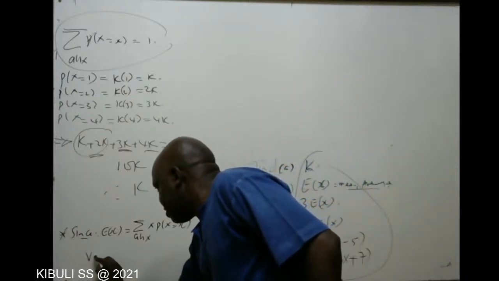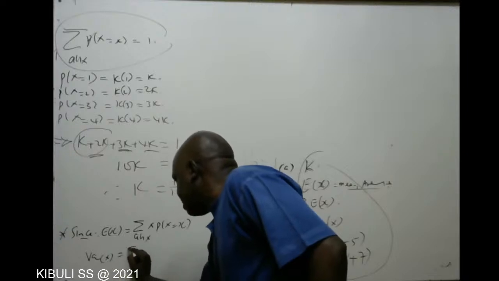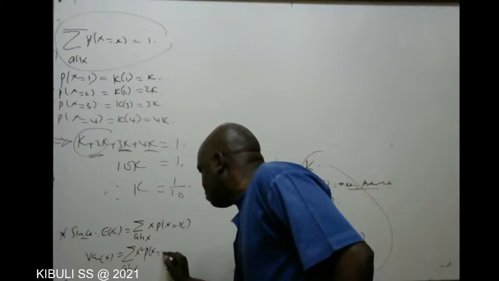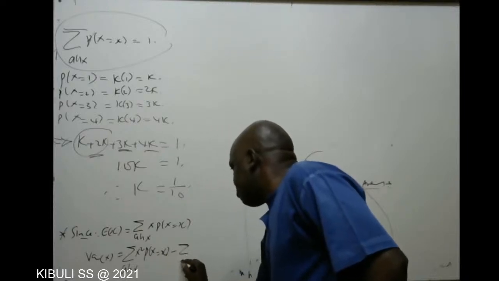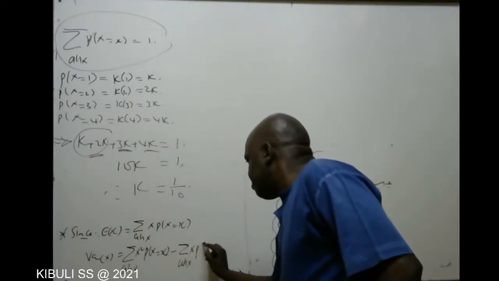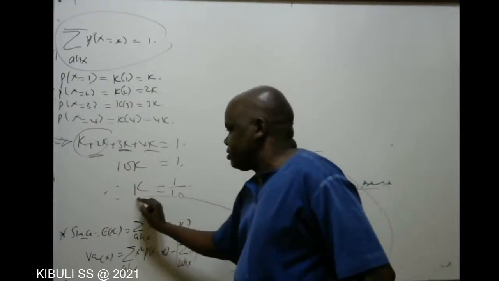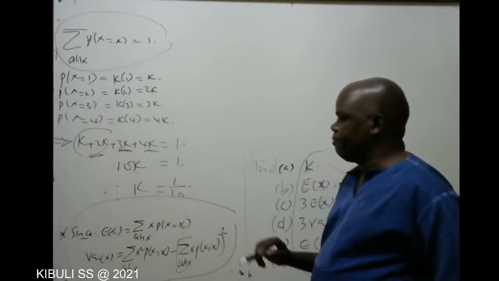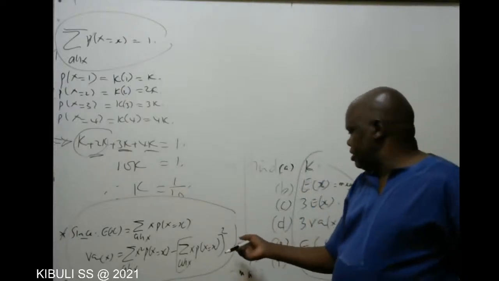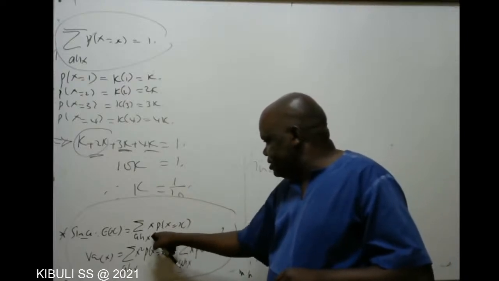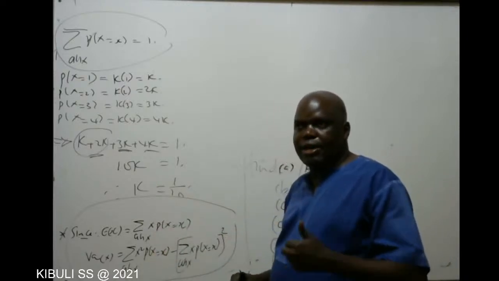Keep also this: the variance of x is equal to the sum of all x squared times probability of X equal to x, minus the sum of all x times probability of X equal to x, squared. Keep this. This must be at your fingertips. If you have this in your mind, that means I am going to get the probabilities times their observations, and I will sum them.